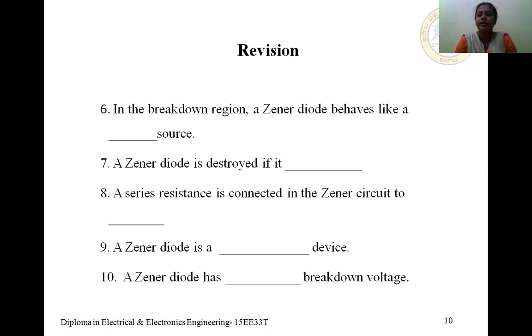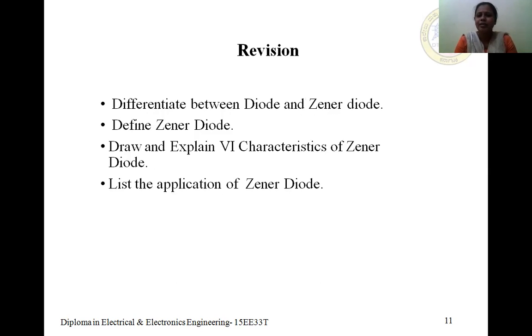These are certain multiple choice questions for session 5. Next, let me have a look at the descriptive questions on session 5. What descriptive questions can be expected from session 5? The first question is: differentiate between diode and Zener diode.